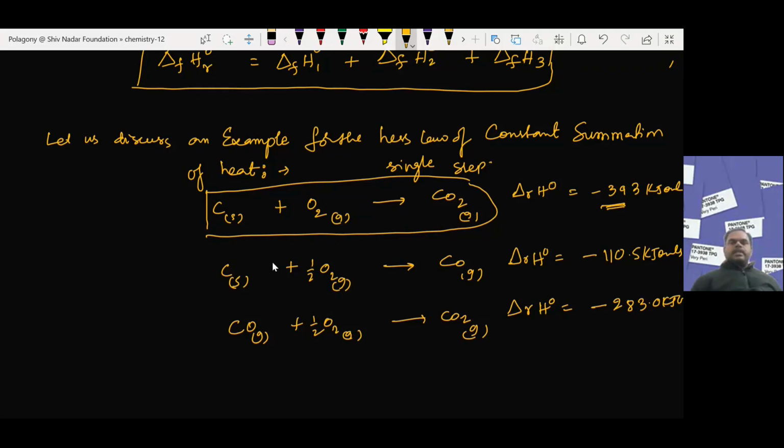So we can write that the standard enthalpy change of the single step is equal to the sum of the enthalpy changes of the two steps, according to the Hess law.